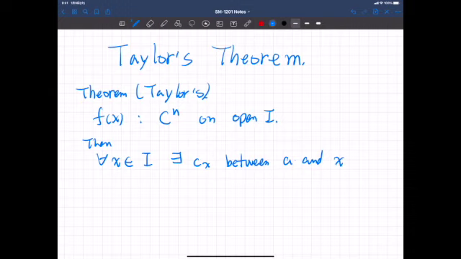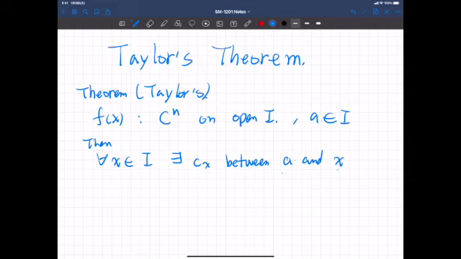We say Cx is between a and x because x can be greater than a or less than a, or maybe equal to a. So to include all those cases, we just say this is between a and x.